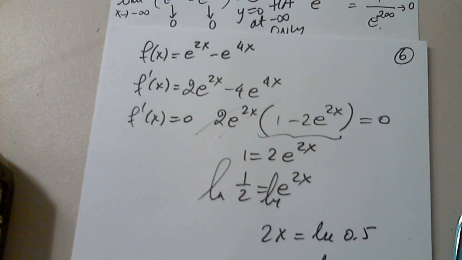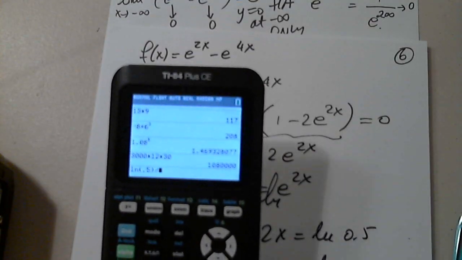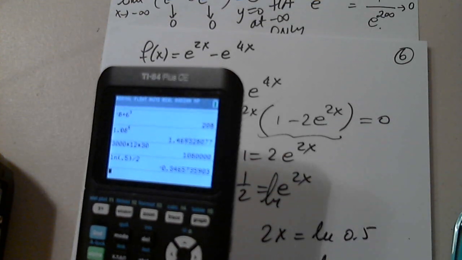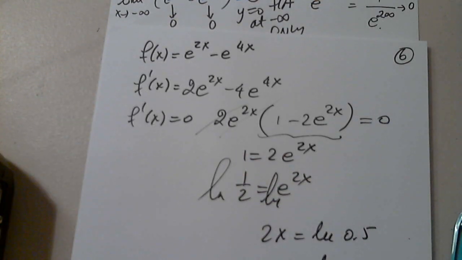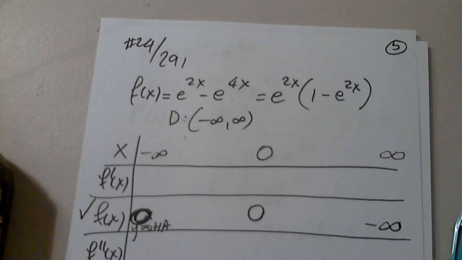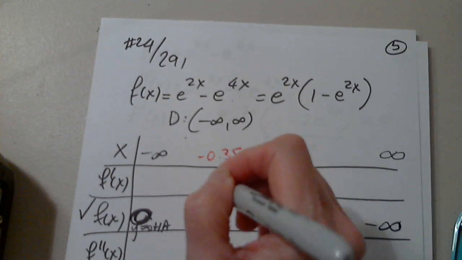Where is my calculator? So natural log of 0.5 divided by 2. Negative 0.35. How will I plot that? We'll see. Negative 0.35. I go back to the table. I put negative 0.35. I put 0 here.